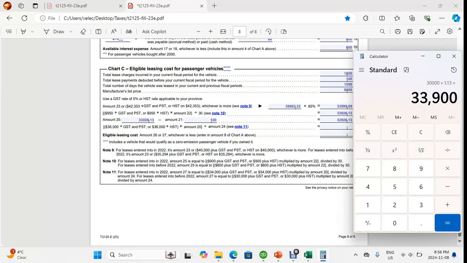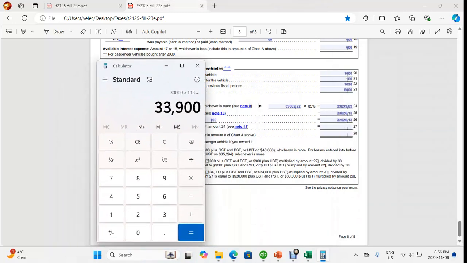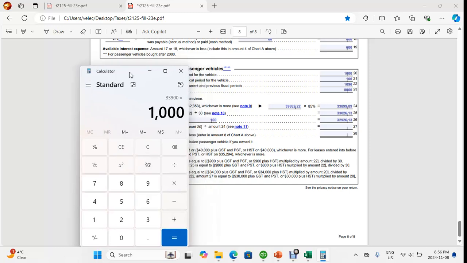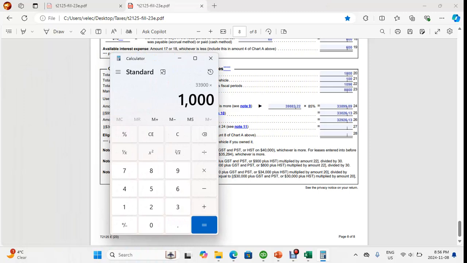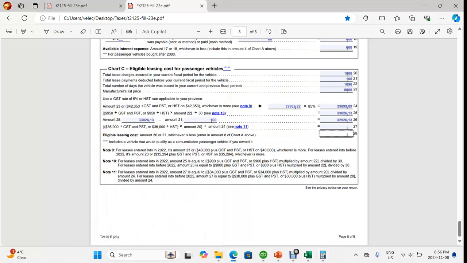Your amount 20 here is $1,000, divided by amount 24, which is $33,899.89. That's a total of $1,000. So you will type in $1,000 for box 27.